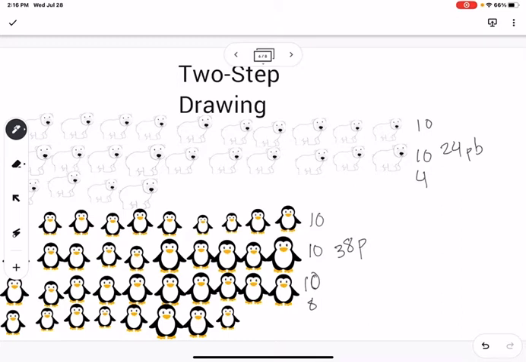Step 1, we could count all the penguins and polar bears. It'd be easier because we just know that there are 38 penguins. It'd just be easier to count the polar bears, going 39, 40, 41, 42, 43, 44, 45, 46, 47, 48, 49, 50, 51, 52, 53, 54, 55, 56.